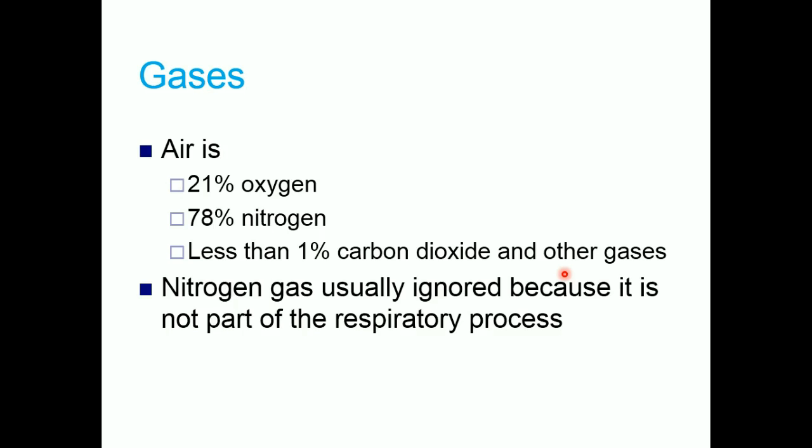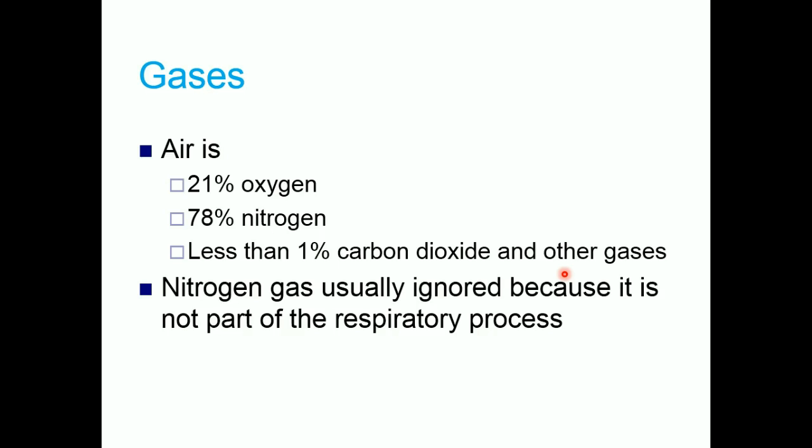Now, first of all, what does the air that we breathe in consist of? Well, it consists of about 78% nitrogen. This is elemental nitrogen that is, biologically speaking, pretty inert. Then we have 21% oxygen, which is more like 20.93% oxygen.